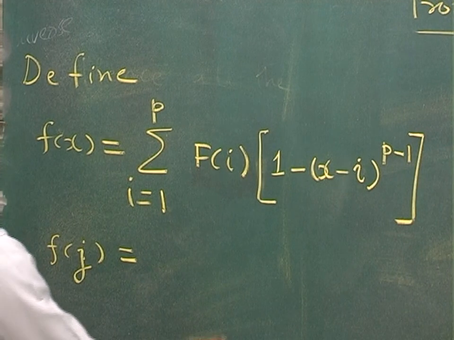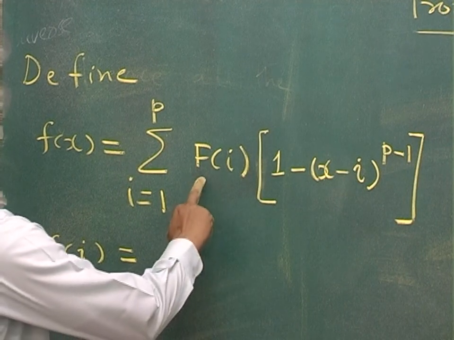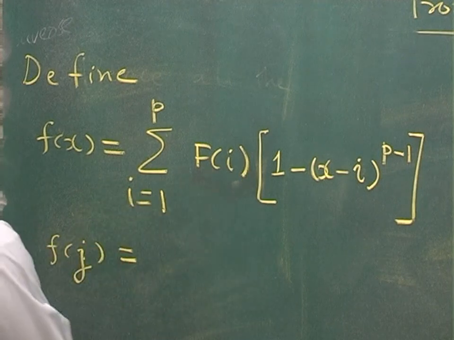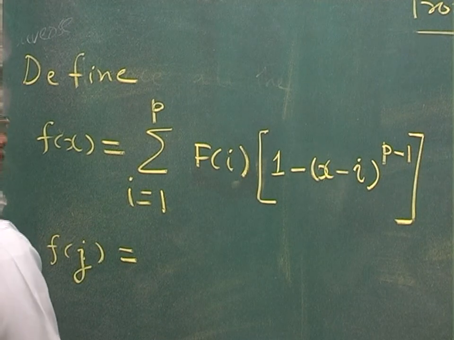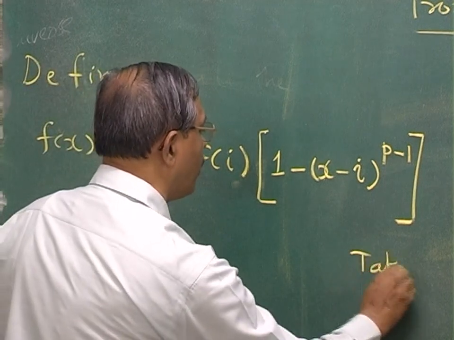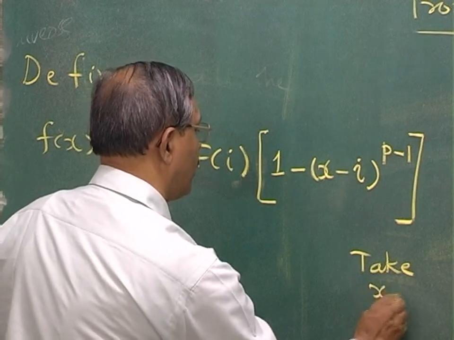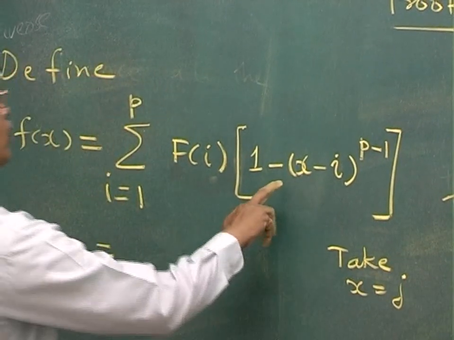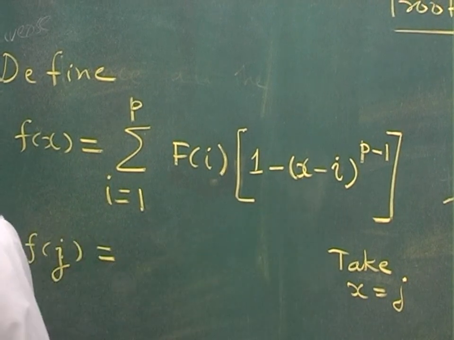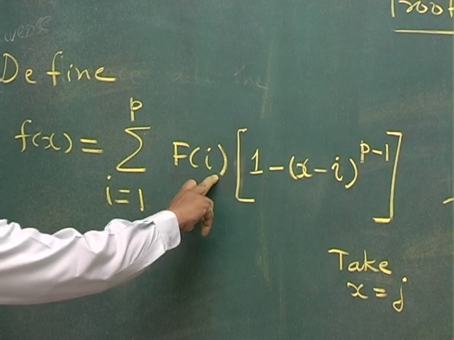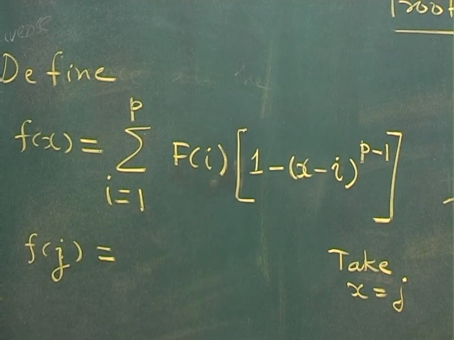So the term f(j) will survive when i is equal to j. So let me put x equal to j. When the value of i becomes equal to j, that will be f(j), and all other terms will become 0.